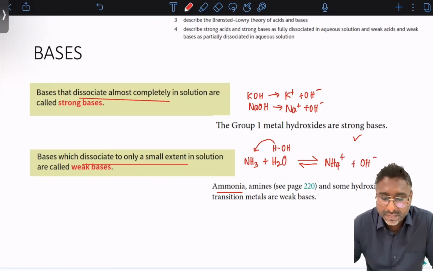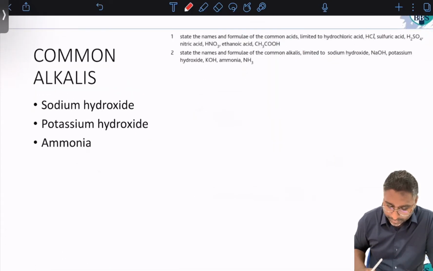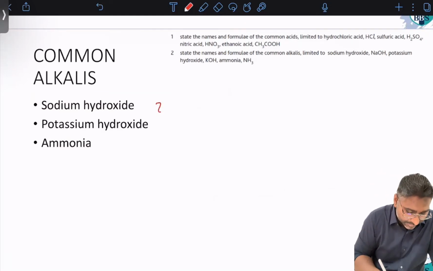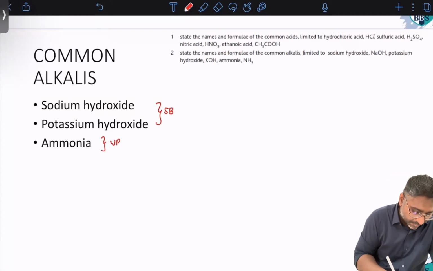So this is how ammonia, the weak base, forms an alkaline solution. According to the syllabus, the common alkalis are sodium hydroxide and potassium hydroxide, which are considered strong bases. But ammonia, I told you, is considered a weak base.